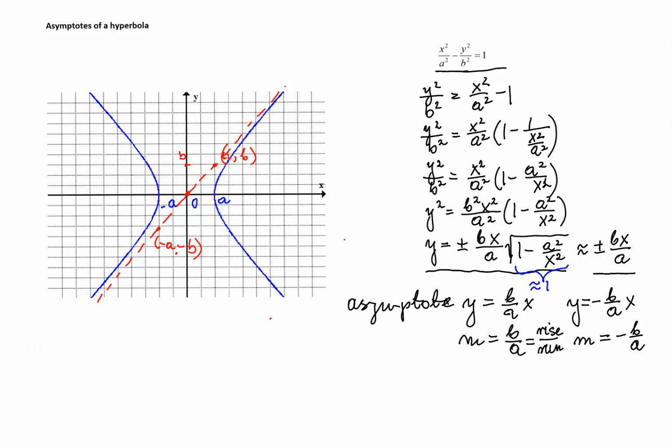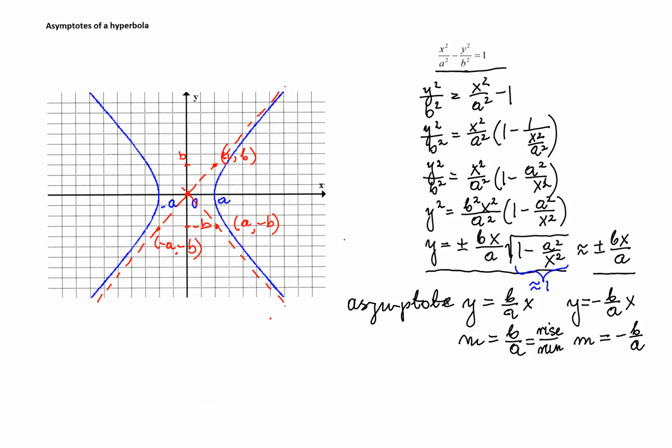To get the other line, the slope is negative b over a, so we'll rise negative b units, so we'll go to negative b on the y-axis, and we'll run a, which will end up at the point (a, negative b). Again, the x-coordinate of that point is the x-coordinate of the vertex, and we draw that line.